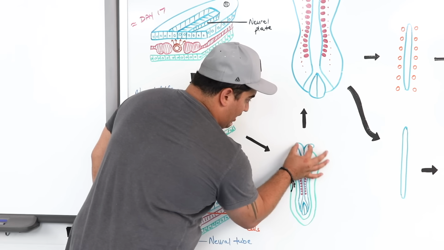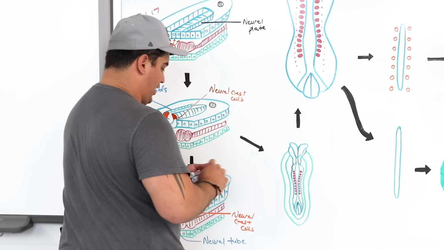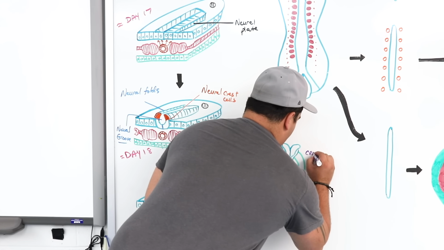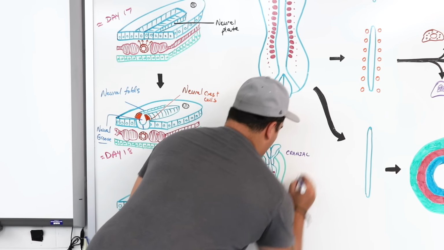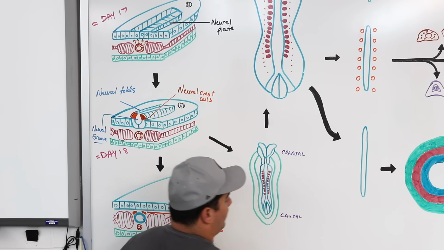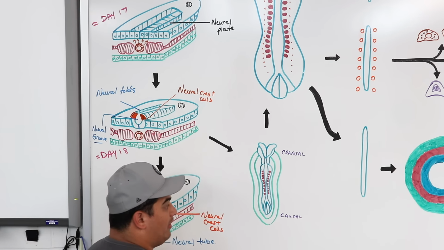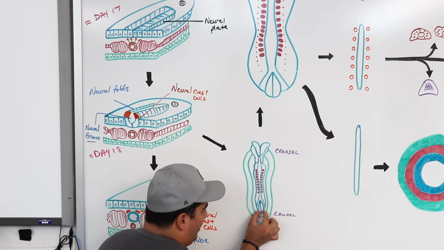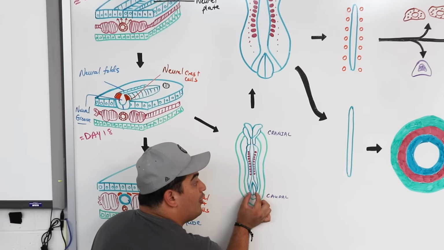Here is going to be the cranial portion. Okay, so up here, let's mark this in purple. This is the cranial portion of the neural tube. And this is going to be the caudal portion of the neural tube. Now, there's a part here of the neural tube which we call the posterior neuropore.